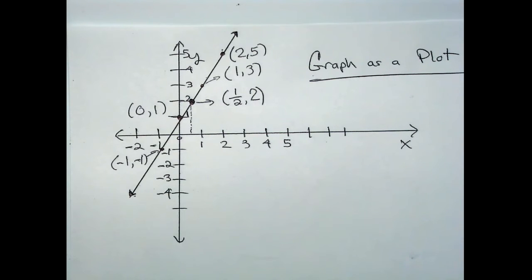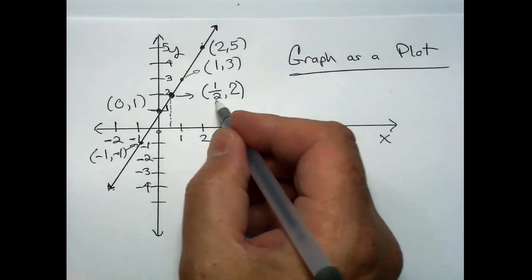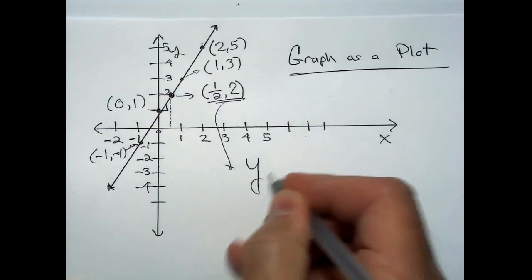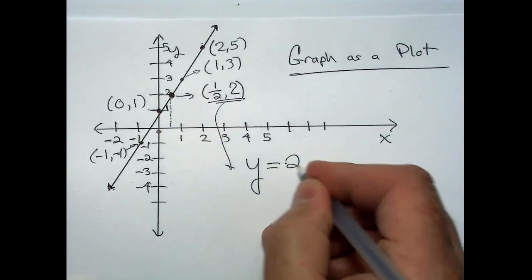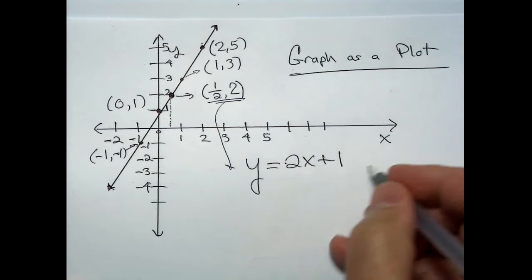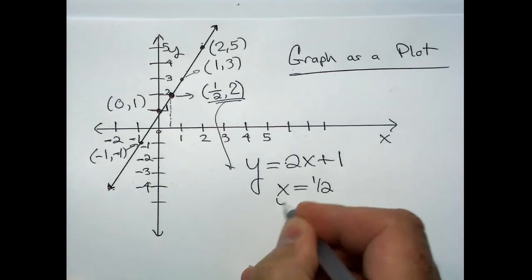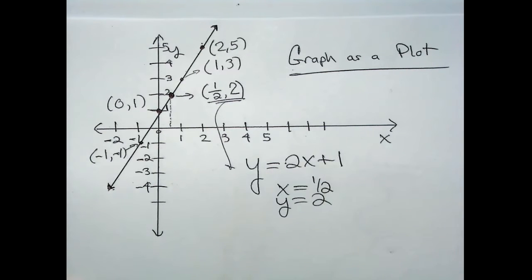Now, I want to check that one, and I want to see if it's really correct. And the way to know that this point that we discovered is truly a solution point is to check it in the relationship. y equals 2x plus 1. So in this case, x is 1/2, and y is 2, and it ought to make this relationship true. Let's find out. So 2 is my y.